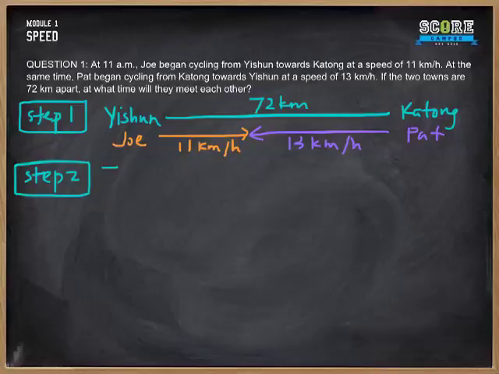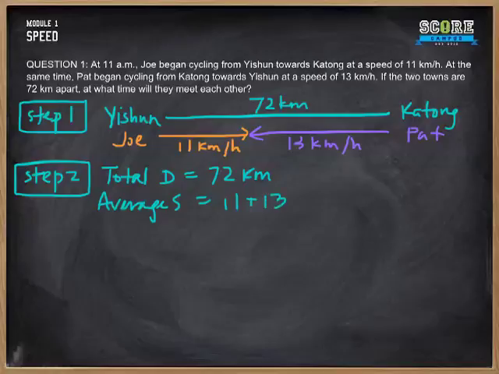Step 2. What is the total distance traveled? Total distance traveled is 72 kilometers. What is the average speed? Because they are covering this distance together, you can actually add Pat's and Joe's average speed, which is 11 plus 13, which is 24 kilometers per hour.